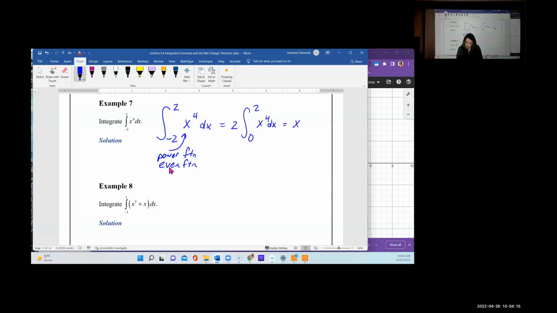So then I simply apply the rule. 4 plus 1 gives me 5. Divide by the new power of 5. Multiply that result by 2 and integrate from 0 to 2. That would give me 2/5 times 2 to the 5th minus 0 to the 5th. The advantage with 0 is that it goes to 0. 2 to the 5th is 32, and this would actually end up giving me 64/5 as the result.